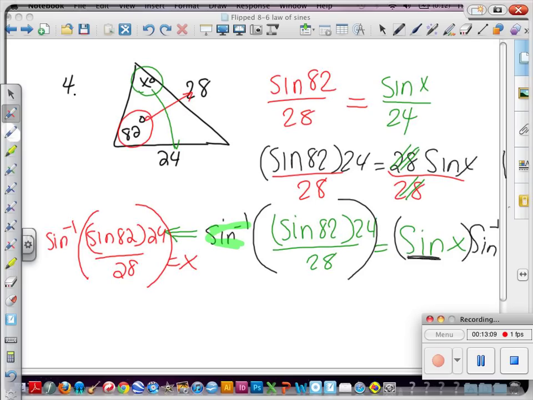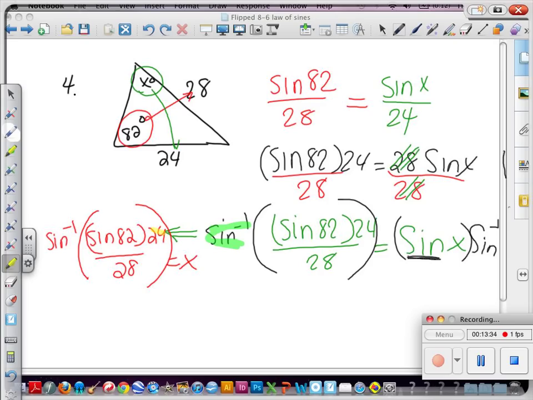So how do you punch that in on your calculator? Hit the sine inverse. A parenthesis will come up. Then you have sine 82. Now some of you type sine and then you type 82. Make sure you close your parentheses. Then hit times 24. And then divide by 28.